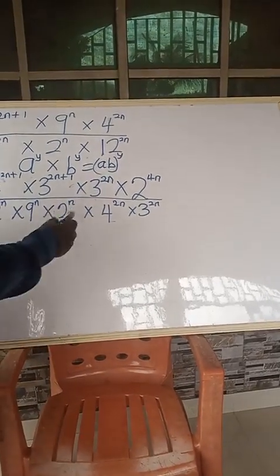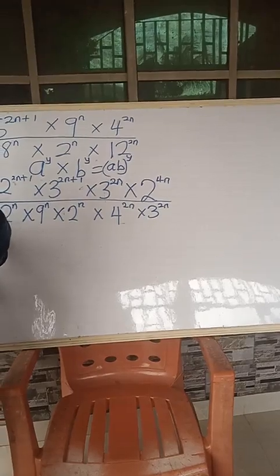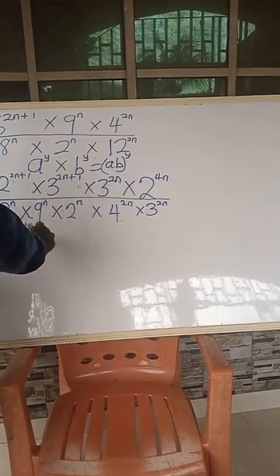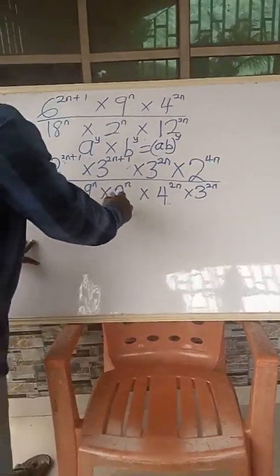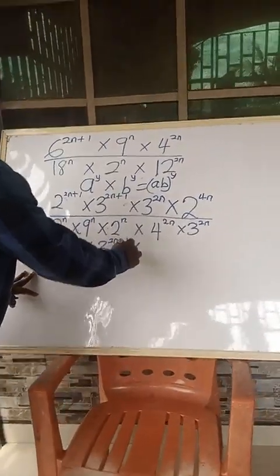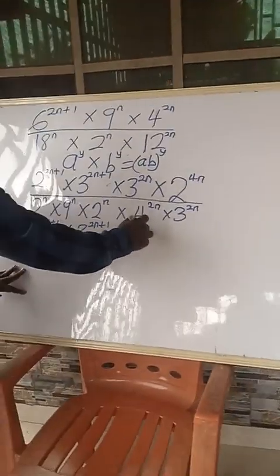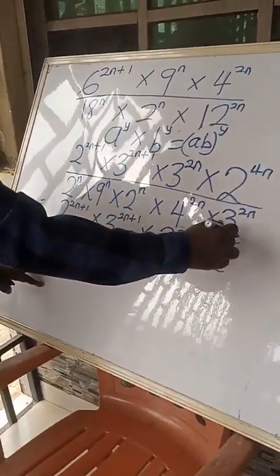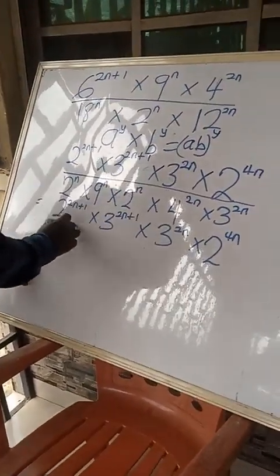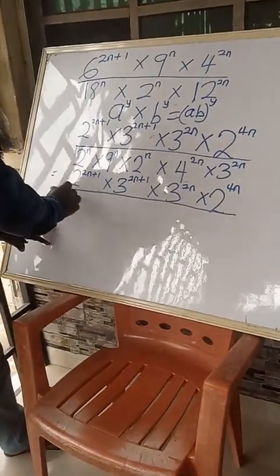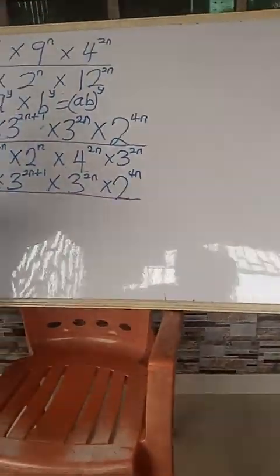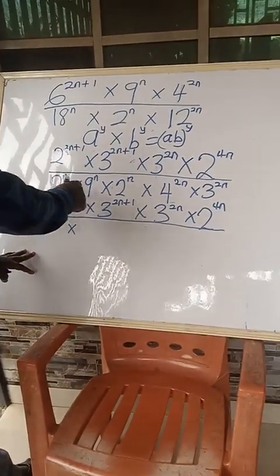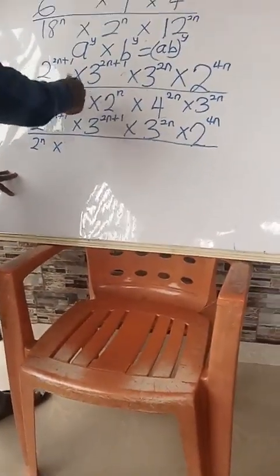Now let's continue. And this is now the same thing as 2 raised to power 2n plus 1 times 3 raised to power 2n plus 1 times 3 raised to power 2n times 2 raised to power 4n all over 2 raised to power n times 9, which is going to be written as 3 raised to power 2, so 2 times n, 2n.